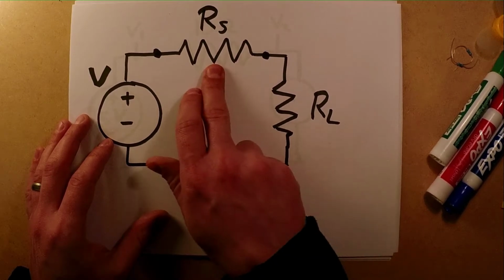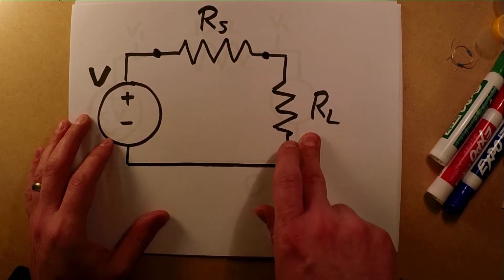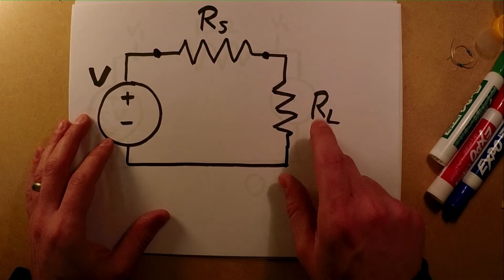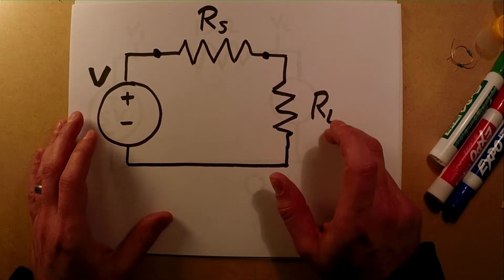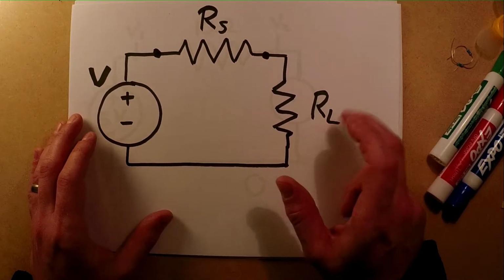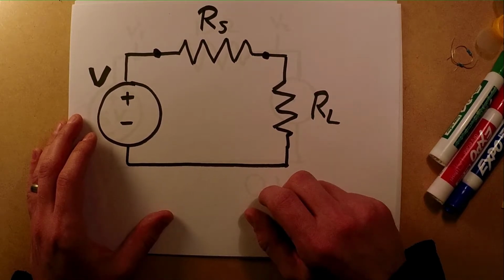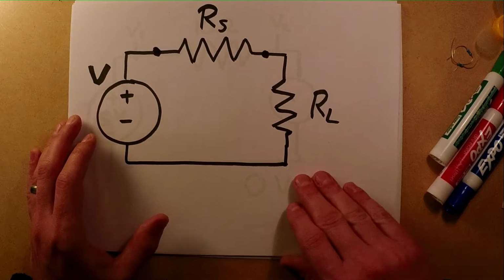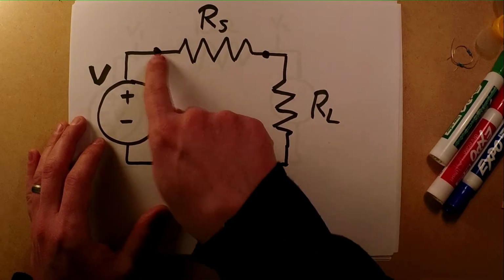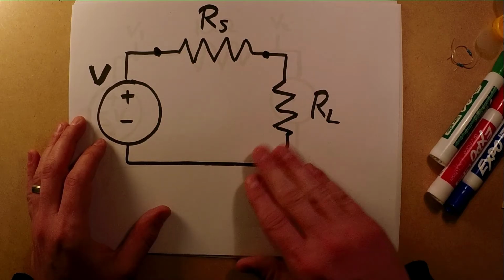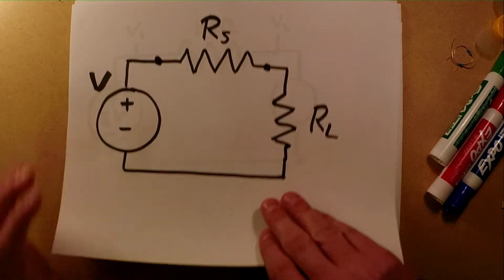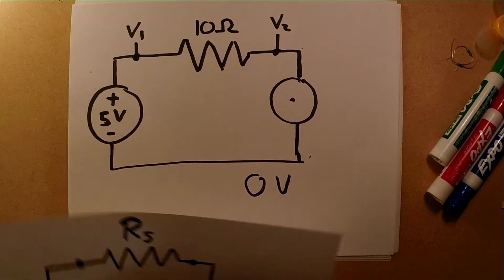So if we know the current going through RS, we know the current going through RL, so we know I, and then we just need to know the voltage drop across RL to be able to calculate the power that's being dissipated by RL. So we'll measure the voltage at this point and at this point to get the voltage drop across there. Let's take a look at a more specific system.